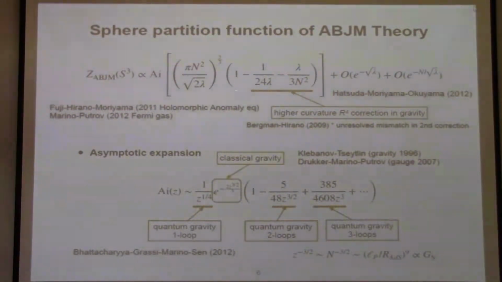And then, given the Airy function, we actually know what the two loop, three loop, and higher loop quantum gravity corrections to the three-sphere partition function should be. If you look into this parameter, you see that this is really the Newton constant expansion. Okay, but today I want to just reproduce this thing. Well, actually, I reproduce this thing.